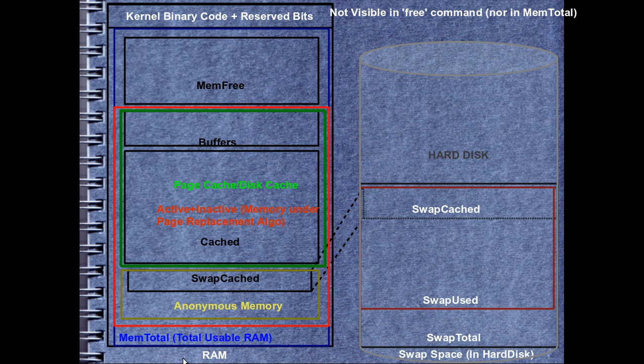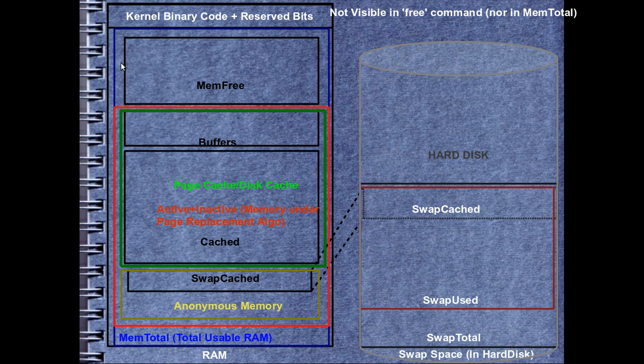Okay, so total RAM is 4 GB, but I cannot see 4 GB because there is some RAM used by some reserved bits and some binary code which are not accessible to the memory management module of the operating system.